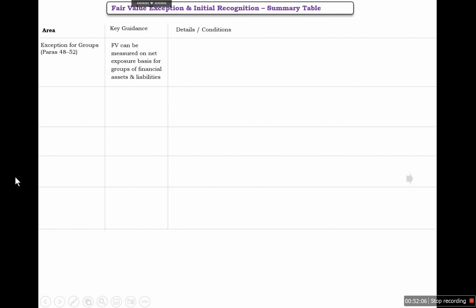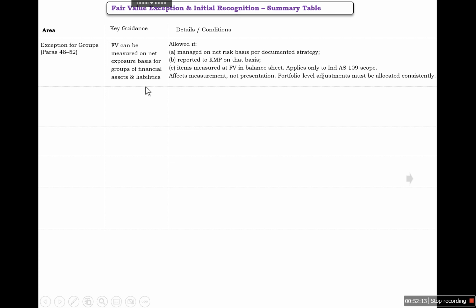Fair value can be measured on a net exposure basis for a group of financial assets if the entity is managing on a net risk basis, there is a documented strategy for that, there is a reporting mechanism to key managerial personnel on that basis, and the items are measured at fair value in the balance sheet. This applies only to the Ind AS 109 approach.